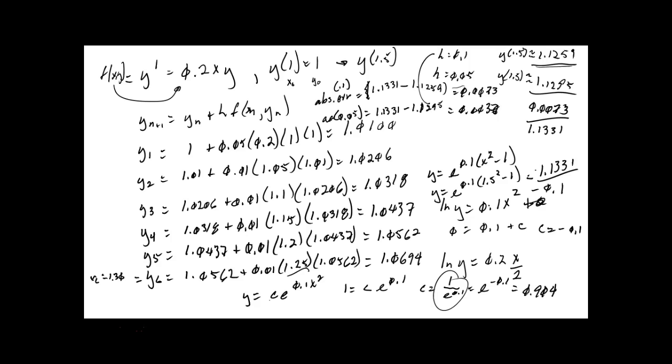Okay. My thing did 0. Alright, so it's 0.773. Okay. I don't think so. 0.0073 divided by 1.331. Okay. 0.00644. 0.0644, right?